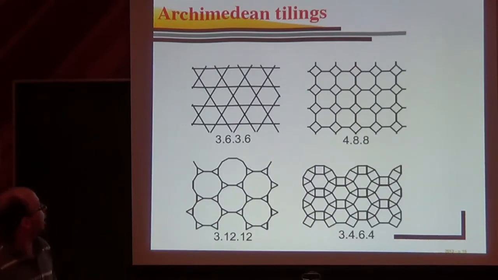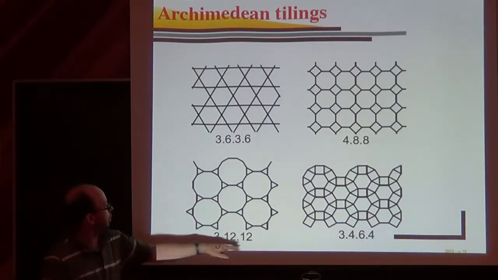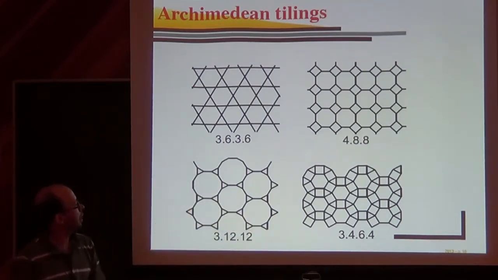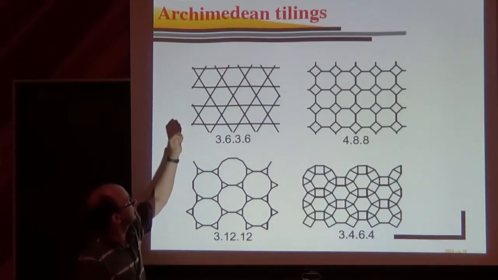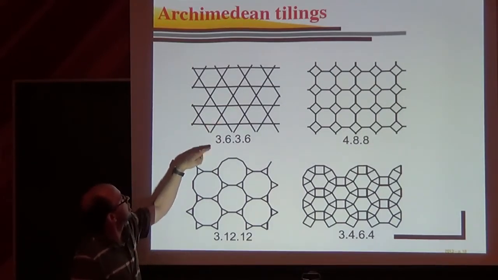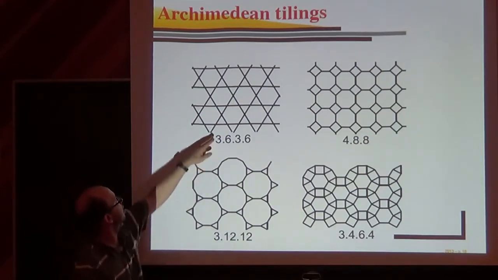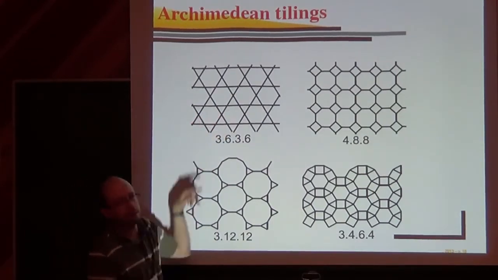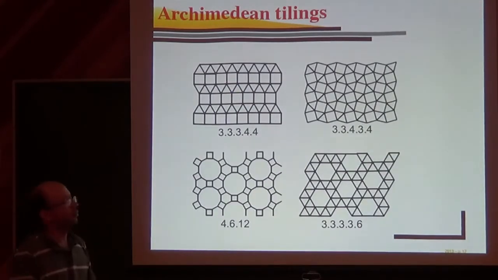And the remaining 8 have at least 2 different kinds of faces. The notation I put below is due to Grünbaum, and it means that if I start at any vertex of the tessellation and I go around, then I will find faces of the sizes that are specified there. For instance, here I have 3, 6, 3, 6, and so on. So these are 4. These are the other 4.